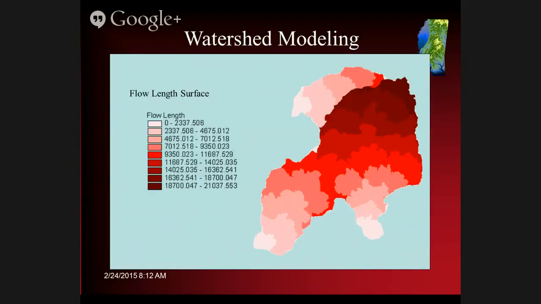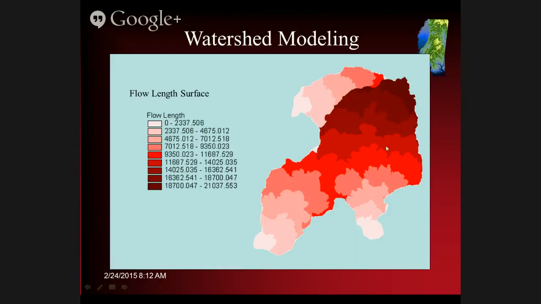Flow length surface is the length from the outlet back up. So the outlet is close to zero or zero, and the flow length for each cell is the distance along the flow path back to the outlet. So we can see if you're up here, you have a very high flow length because you're traveling down through this area along the flow direction grid.